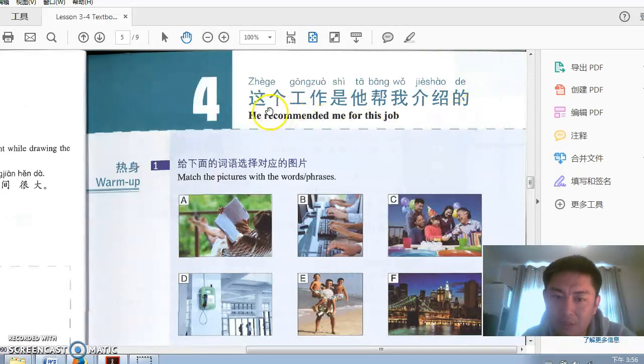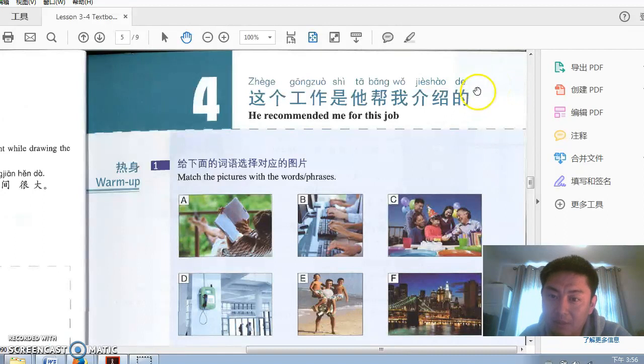So basically in this sentence, 这个工作, this job, 是他帮我介绍的, it is he who helped me recommend the 工作. So again, try to look at the 的 as a descriptive thing. Whatever is before the 的 is descriptive, whatever is after the 的 is the thing that's being described.